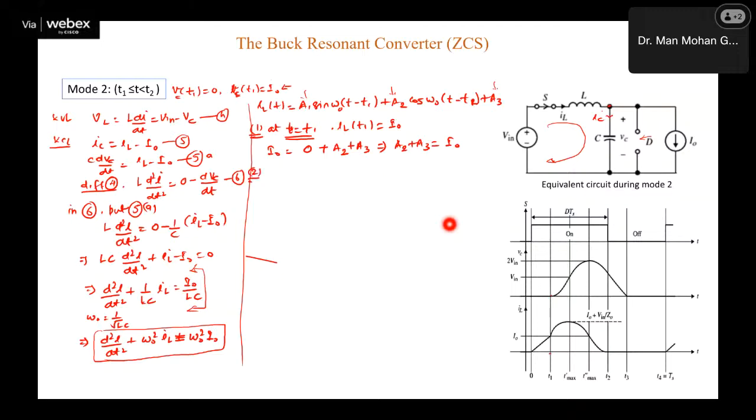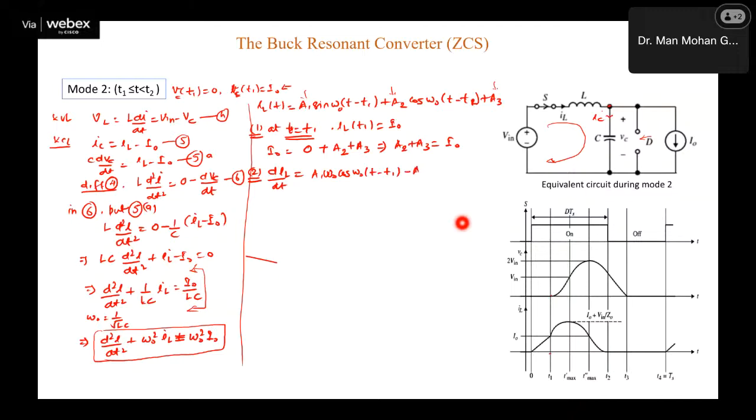Now second equation. If I differentiate this equation with respect to t, then what I get? dIL by dt. That is then A1 omega naught cos omega naught (t minus t1). Okay. Then I differentiate this also. So the differentiation of cos is minus sine.